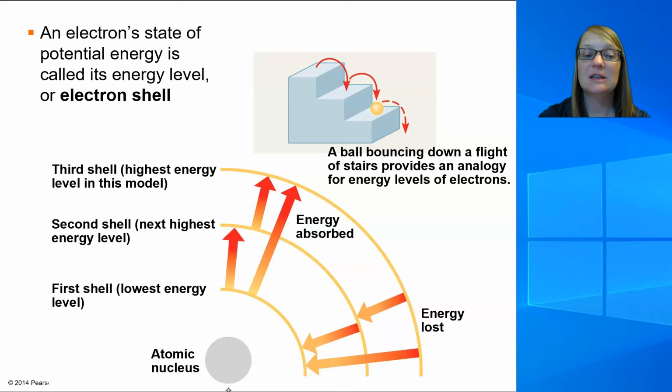Let's say the electrons in the lowest energy level have 1 unit of energy, second shell, 2 units, third shell, 3 units of energy. Let's say an electron in that first, smallest shell wants to move to the second shell. It's already got 1 unit of energy, but to be able to exist in that second shell, you need 2 units of energy. And so this electron would have to absorb 1 extra unit of energy from its surroundings to have enough to exist in that second shell.